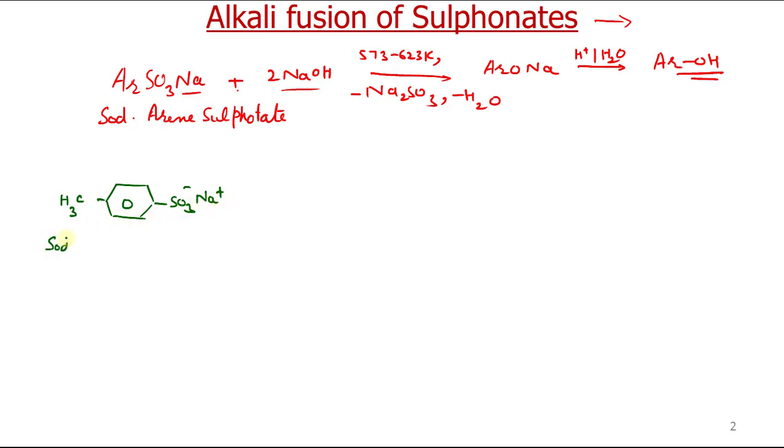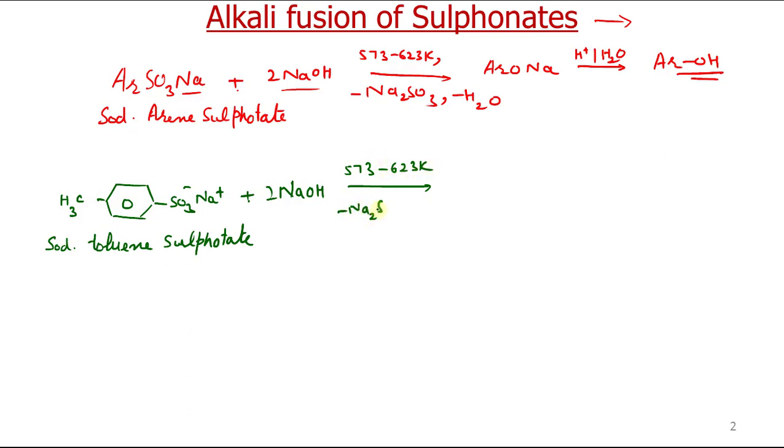So this is your sodium toluene sulfonate. Upon fusion with alkali, the reaction conditions are the same, 573 to 623 Kelvin. So we get minus sodium sulfite, minus water.